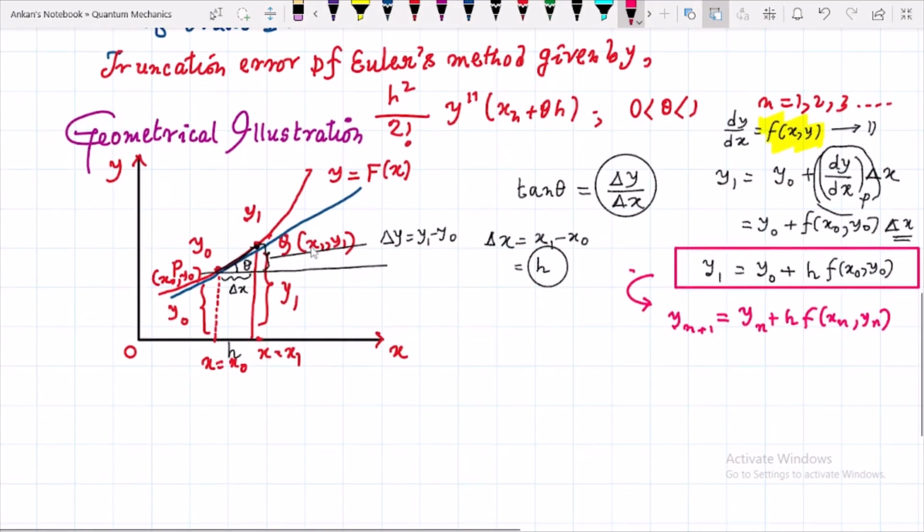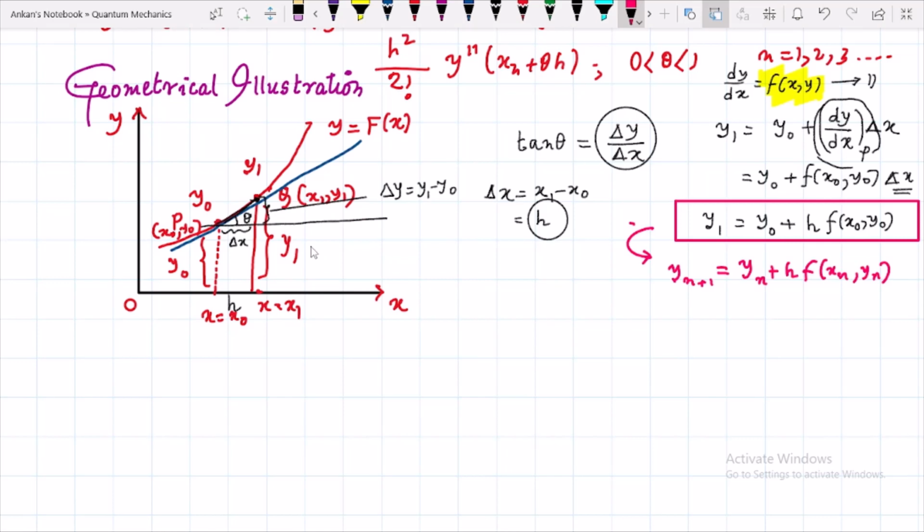Okay, after discussing this, you must keep in mind that this method has some limitations or disadvantages. What is the disadvantage of this method? This method has a great disadvantage in the step size h, which is used in computing the value of y.